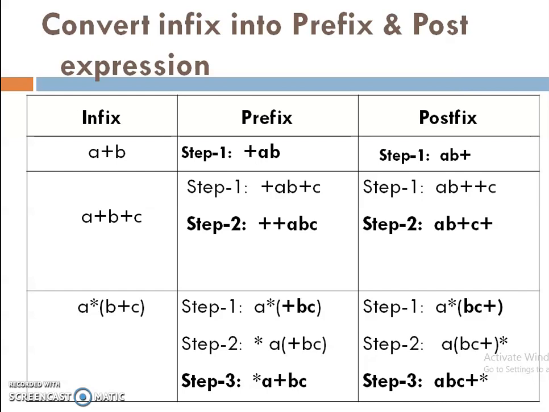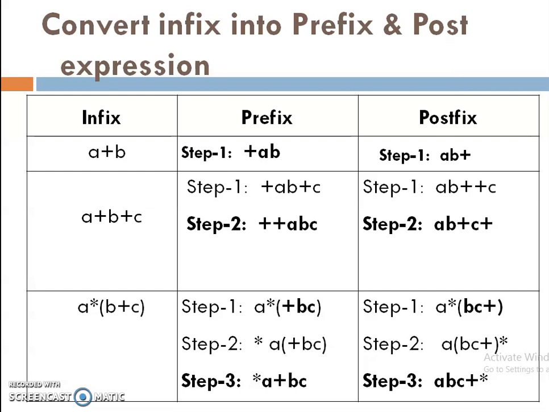Now third equation, A into, in brackets, B plus C, then bracket complete. Then first we solve the brackets in the prefix equation, so the result in step number 1 is A into plus BC.